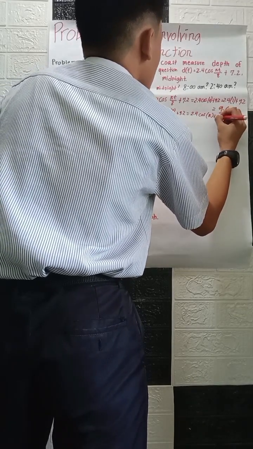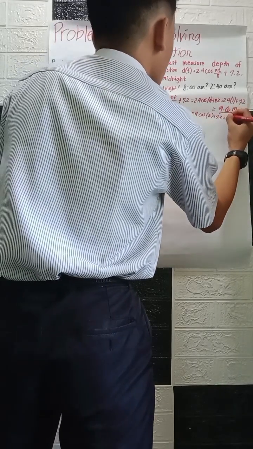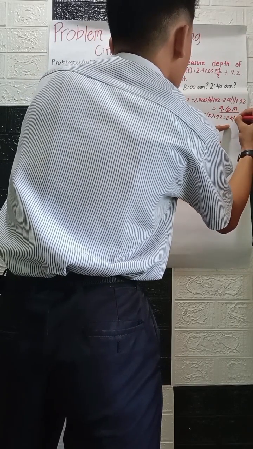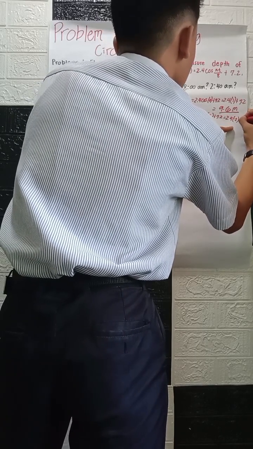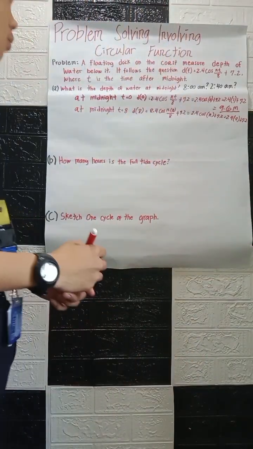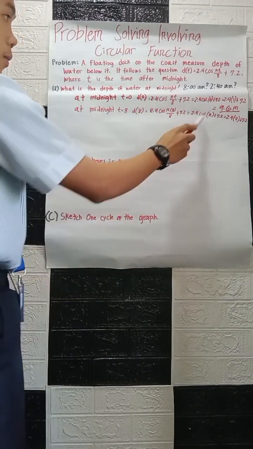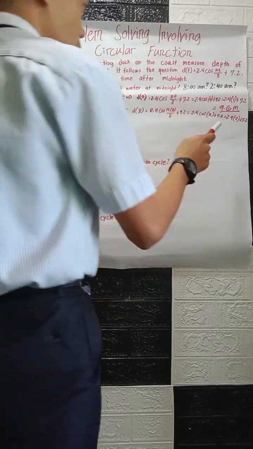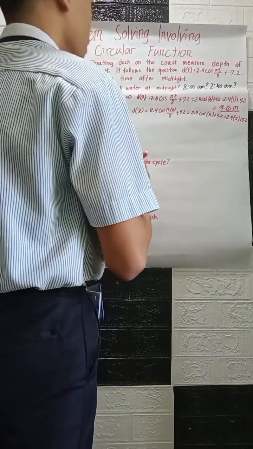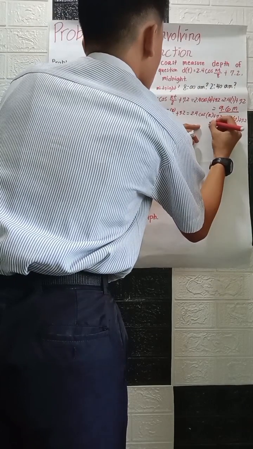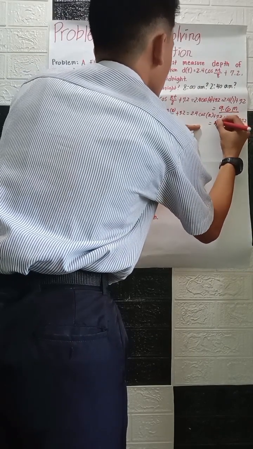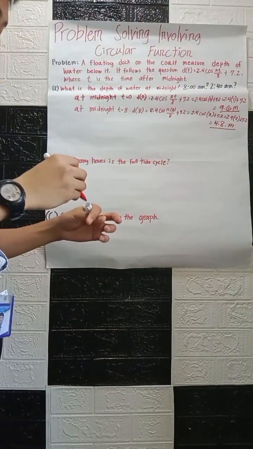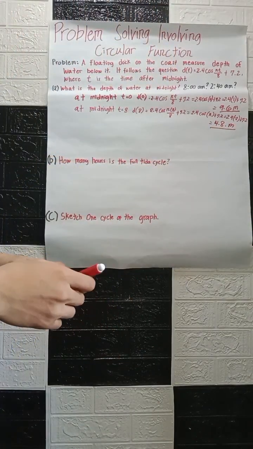So 2.4 cosine times pi is equal to negative 1. So plus 7.2. If you check on the calculator, the answer is negative 1. So equals 4.8 meter. So 2.4 times negative 1 plus 7.2 is 4.8 meter.